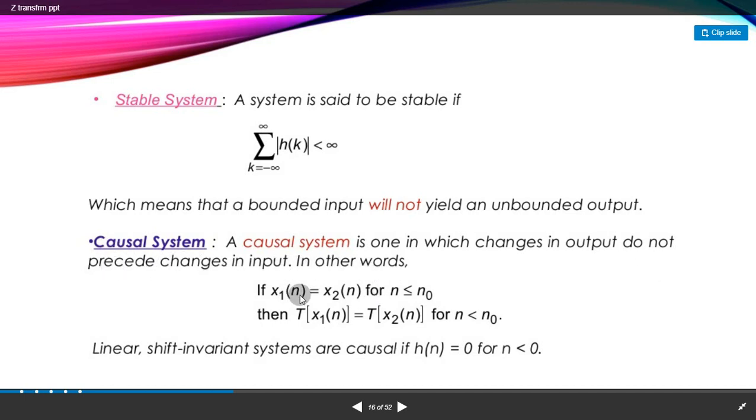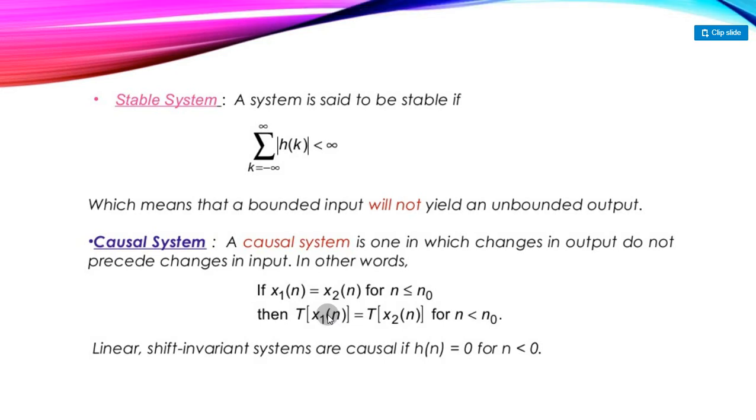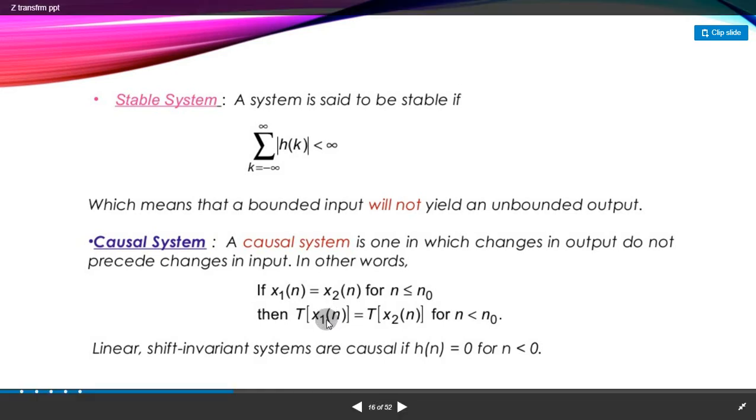In other words, if x1 of n is equal to x2 of n for n less than or equal to n0, then the transform of x1 of n is equal to the transform of x2 of n for n less than or equal to n0. Linear shift invariant systems are causal if h of n is equal to 0 for n less than 0.